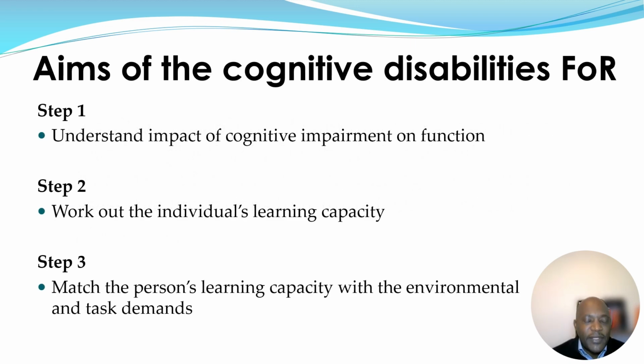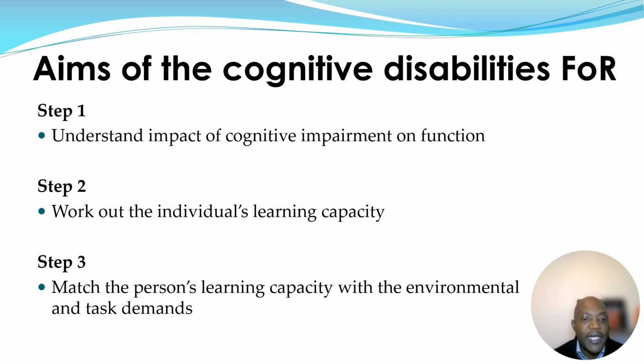Looking at the aims when using the cognitive disabilities frame of reference, the first step is to understand the impact of the cognitive impairment on an individual's functioning. And then after that, we move on to the next step, which is working out the individual's learning capacity. How is their learning?